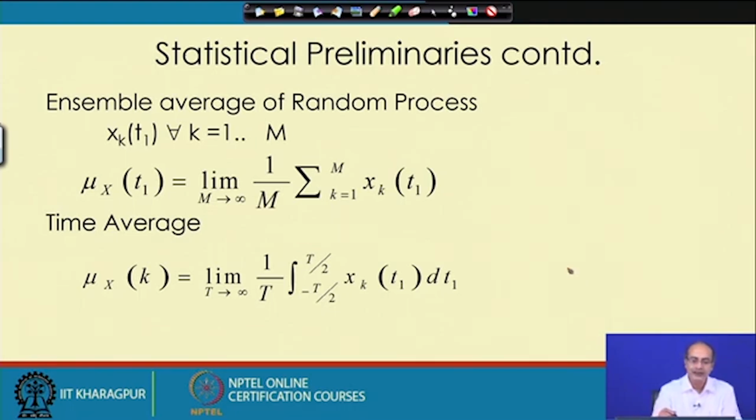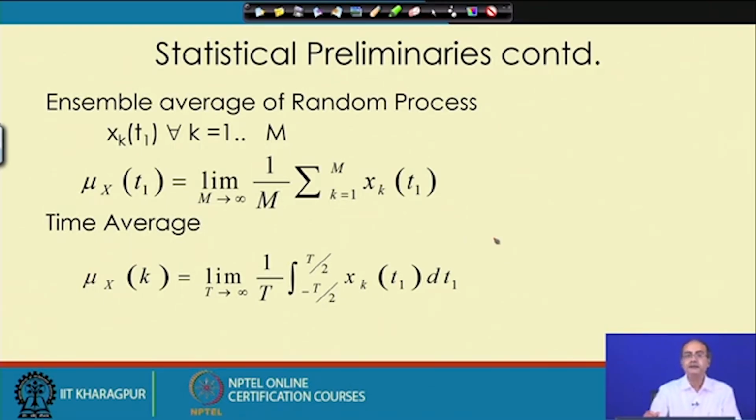So, if we take the average over the ensemble, it is called the ensemble average, and if we take the average over the time, it is called the time average. In both cases, the mean is taken as the limiting value when the time t tends to infinity or the number of ensembles m tends to infinity.